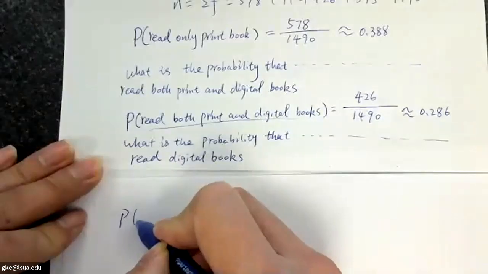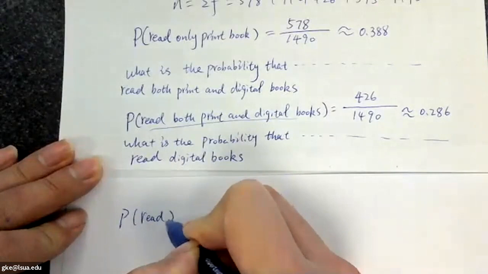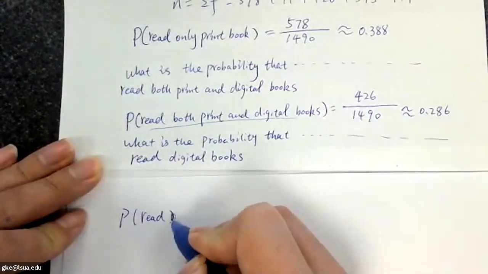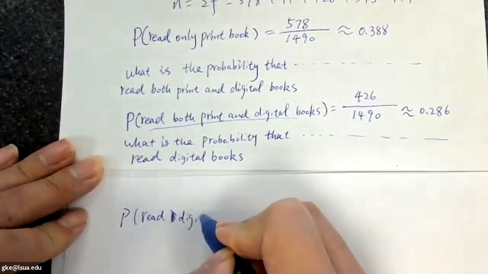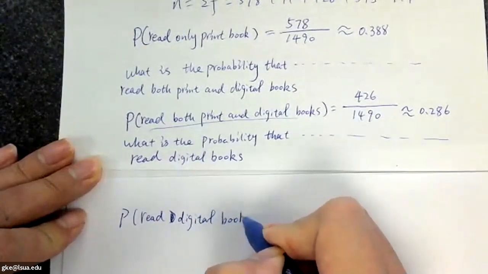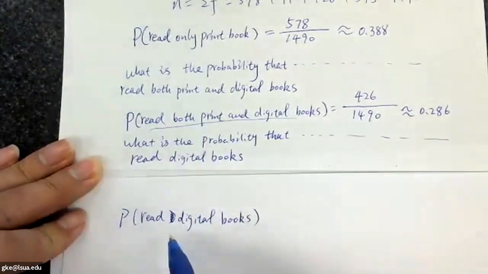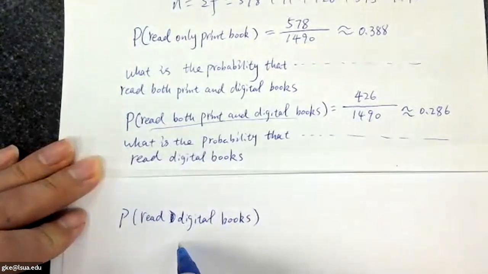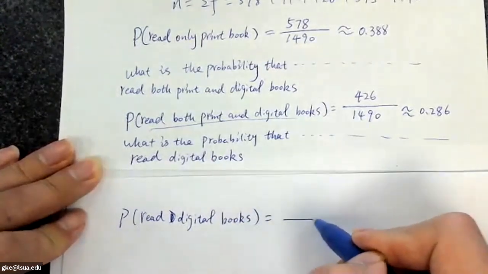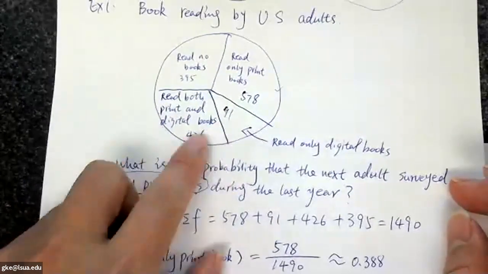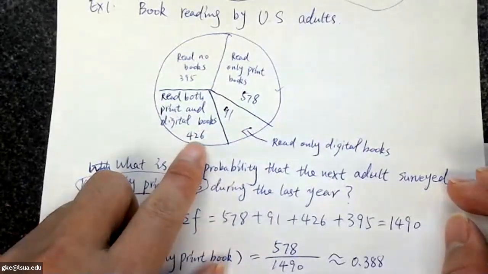Okay. So read digital books, and be careful. I didn't say read only digital books. So for this frequency it should be 91 plus 426.